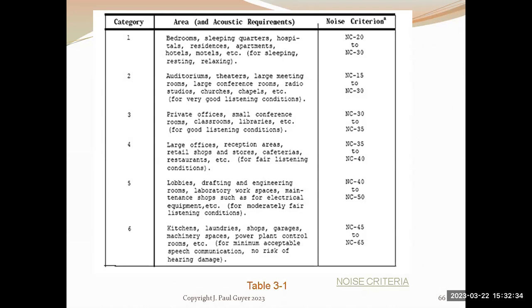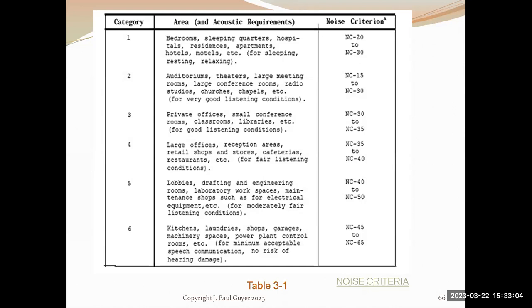Moving down the table, category 4 is larger offices, reception areas, shops, stores. You want to have fair listening conditions. And so you would select as your target an NC 35 to 40 environment.